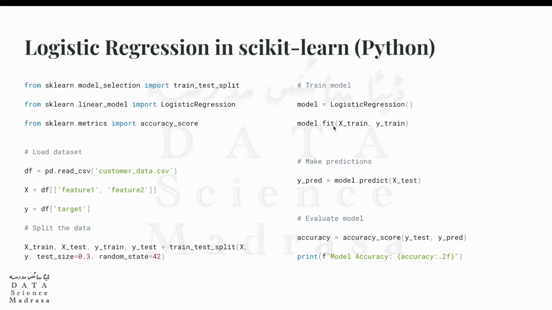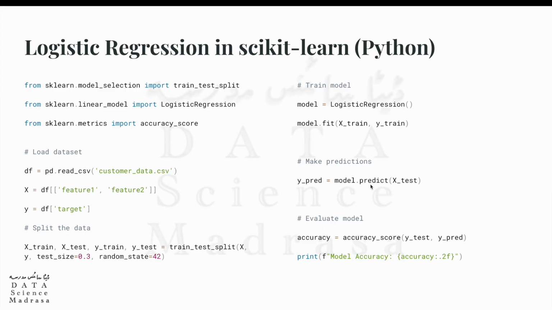We pass those to the fit function for the model, which trains the model, and then we test it by calling model.predict on X_test. If we actually did this on X_train, then we'd be overfitting and testing it on the same data set that we've trained on. That's not unseen data, so it's always better to use the test set so that we have a measure of how overfitted or underfitted our model is.